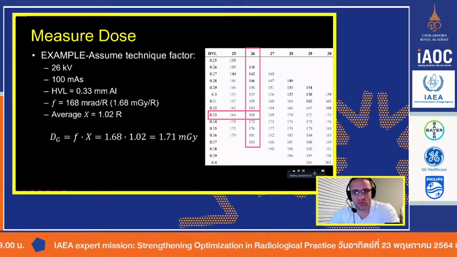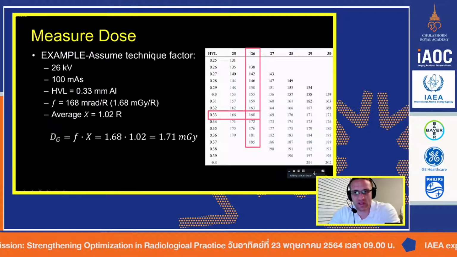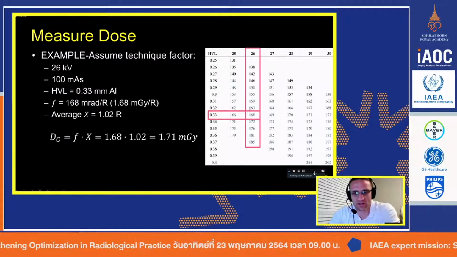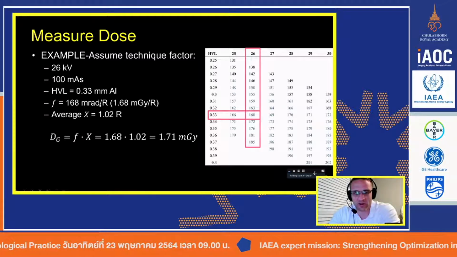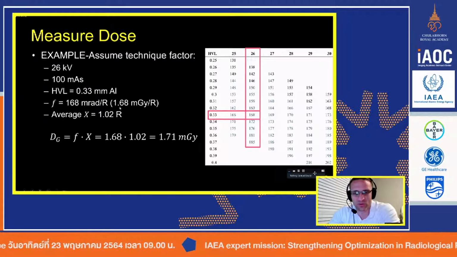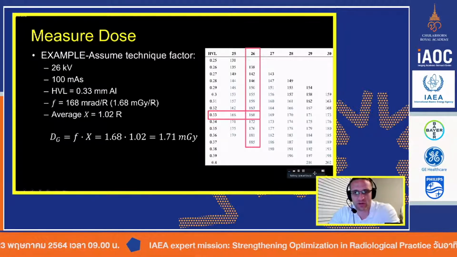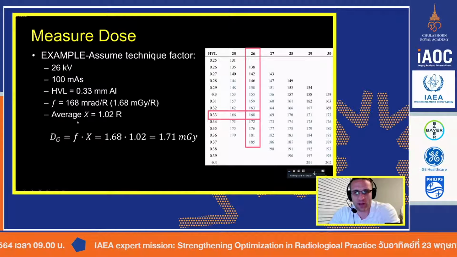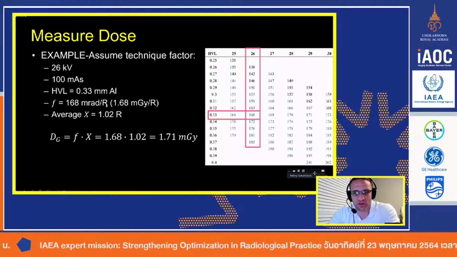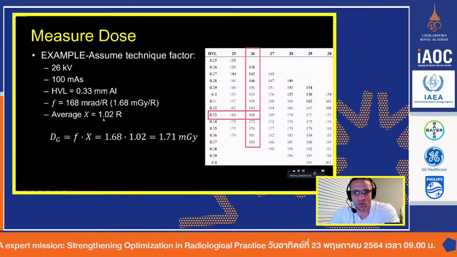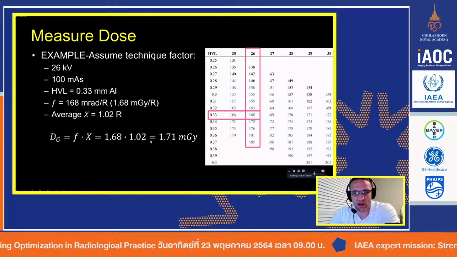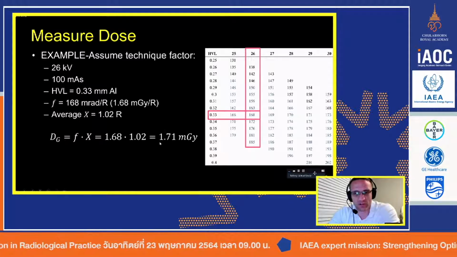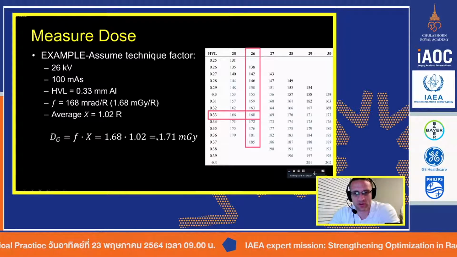And if it's 0.33, as in this example, and you know that for 26 kV the correction value F is 168 millirads per R, which is equivalent to 1.68 milligrays per R, or roentgens. We've made our measurement using the ion chamber, so we know that it produced 1.02 roentgens. So we multiply these two together. Our estimate for the mean glandular dose is 1.71. So D sub G is 1.71.